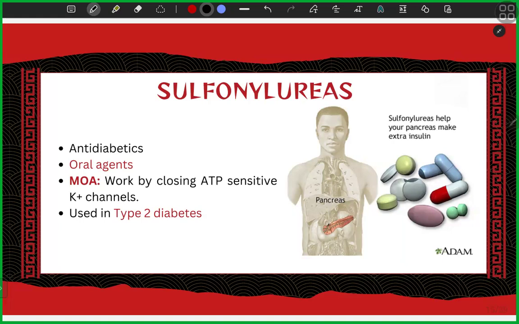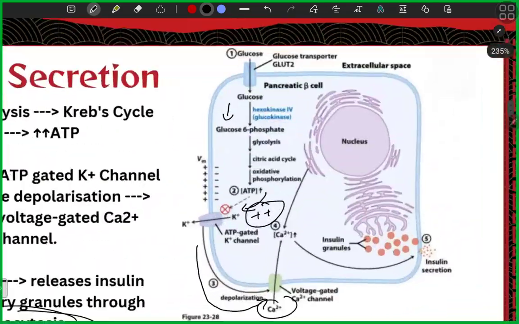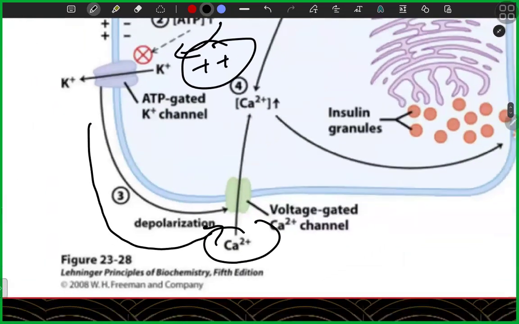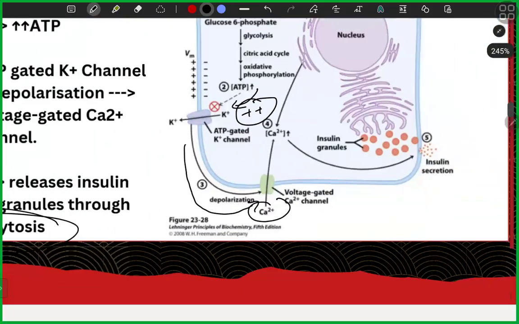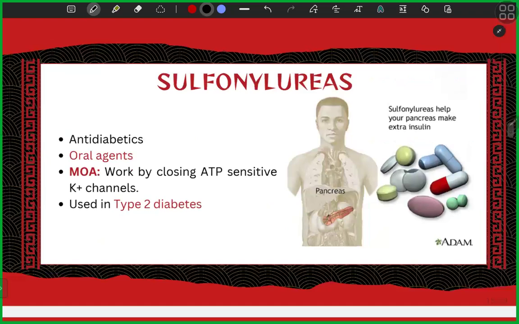What they do is they work just like the ATP. They come just like ATP, and they close the ATP gated potassium channels. When they close that, you have an increase in calcium. Calcium goes in and releases insulin. So their main function, because of this, would basically be to release insulin. So it helps diabetic patients release more insulin.